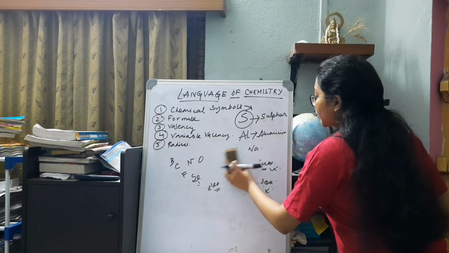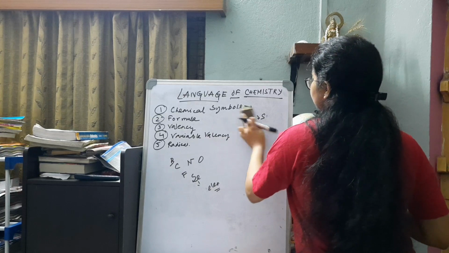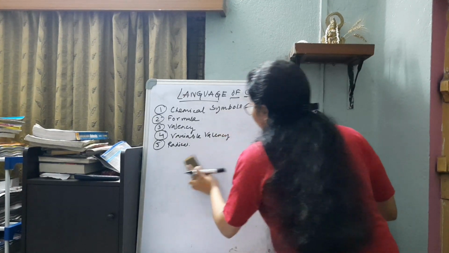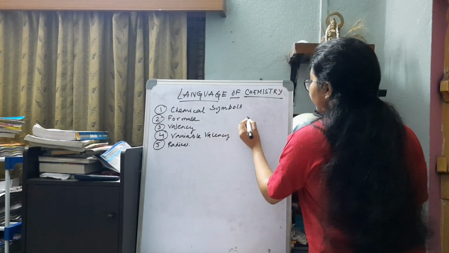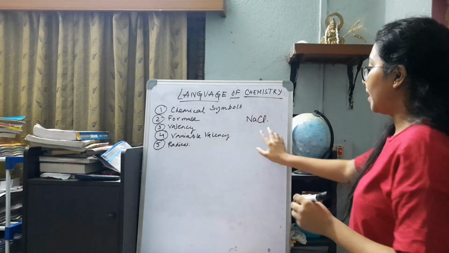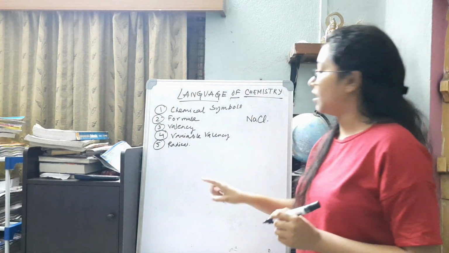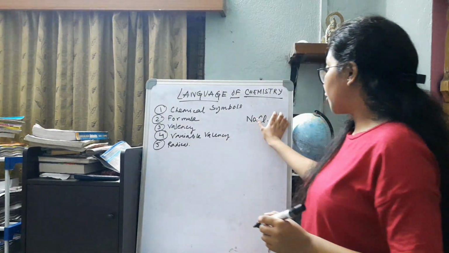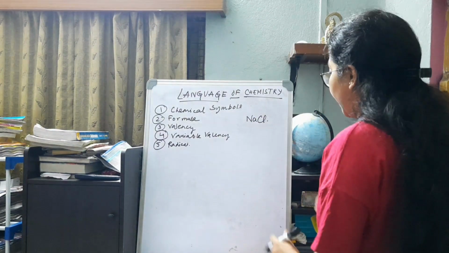So if we go towards the molecular formula part, for example, the first simple example, NaCl. NaCl is the molecular formula where we have the symbols of two elements. First is sodium, then next is chloride. So this is the molecular formula for sodium chloride.